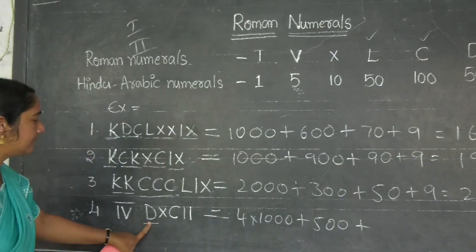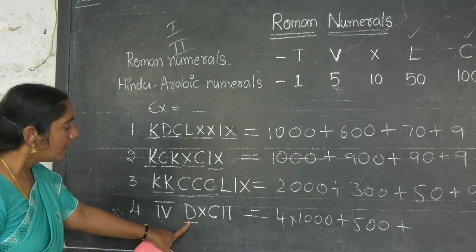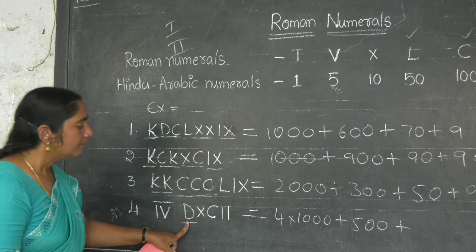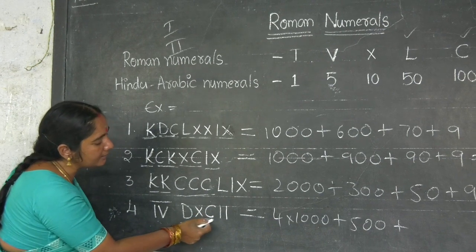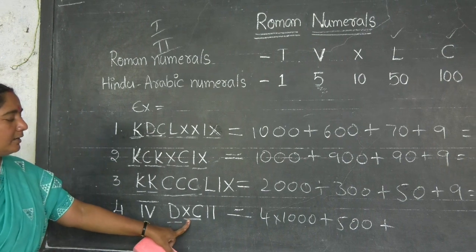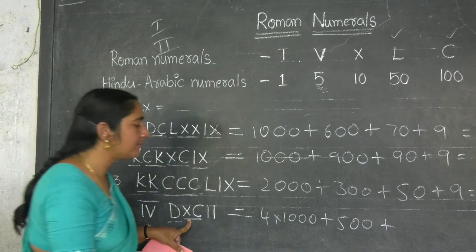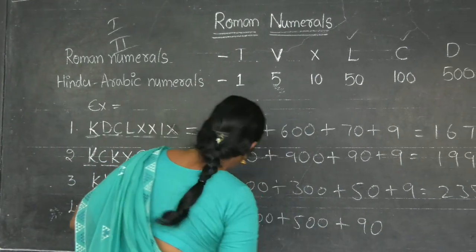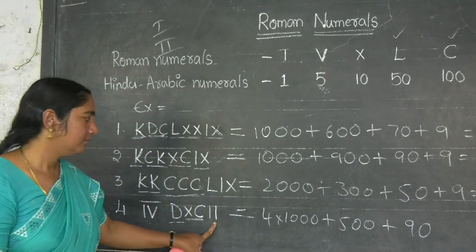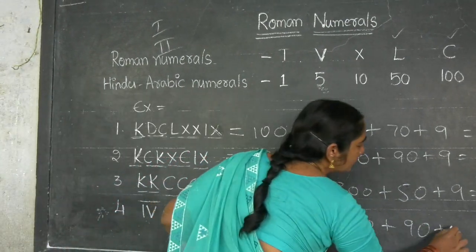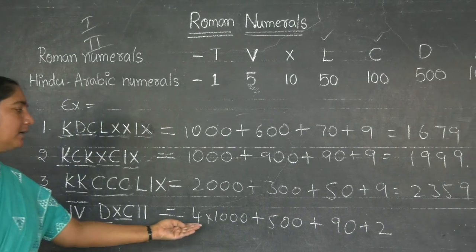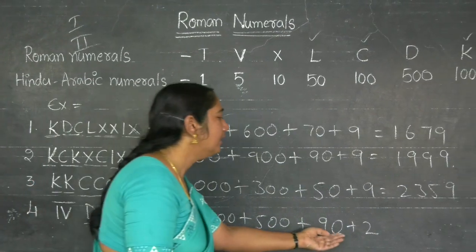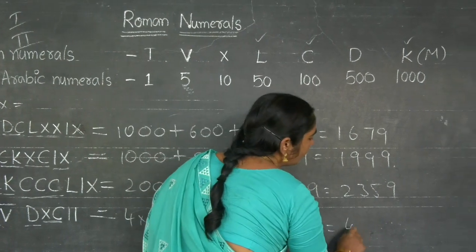The next one is, see my dear friend, here this is 100 minus 10. 100 minus 10 is how much? 90. And the beside one, that is the unit place, that is 2. Now you add up all these things, it becomes 4592.